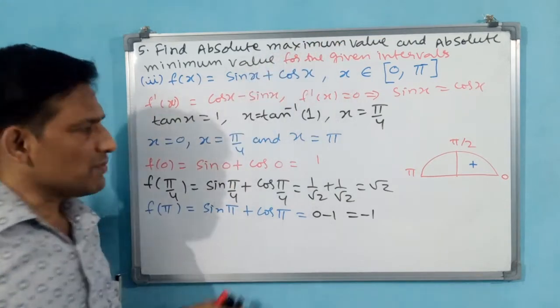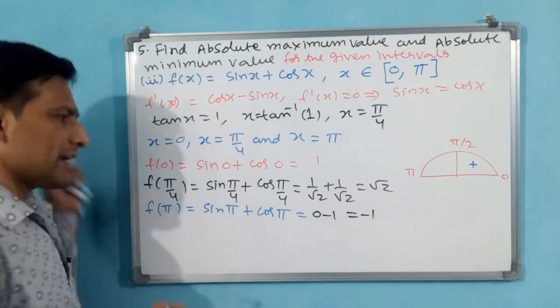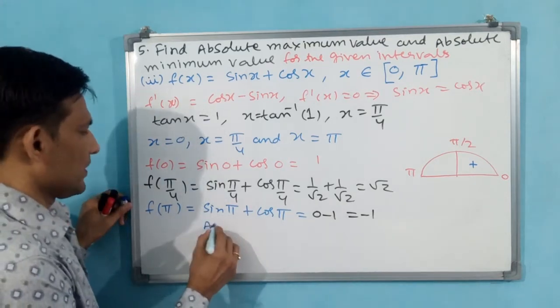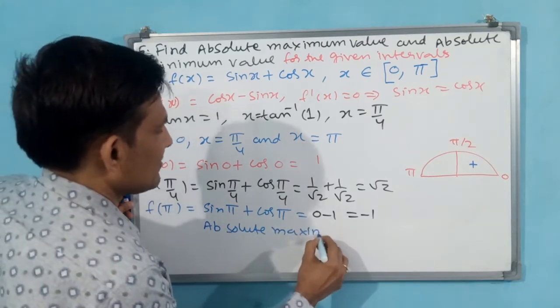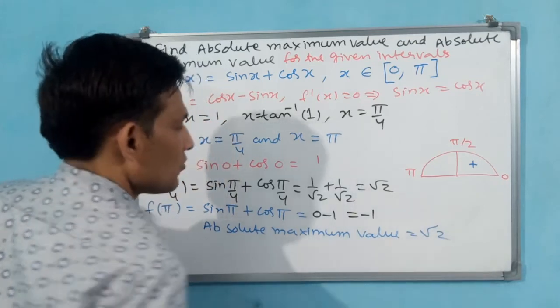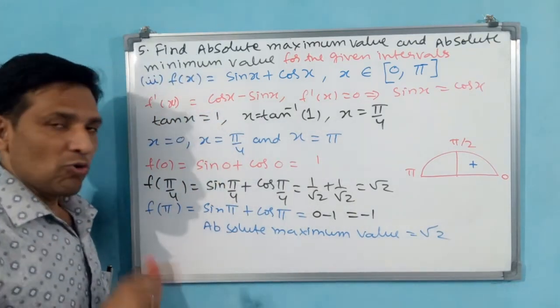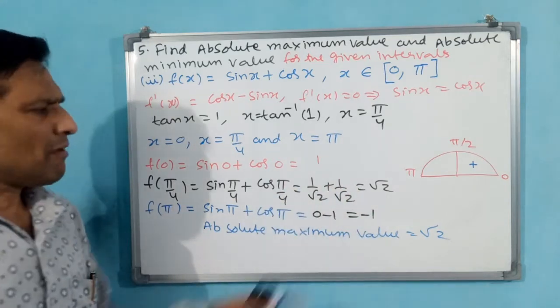Now you tell me maximum among these three, which is maximum value? Root 2 is maximum. Okay, write down absolute maximum, root 2. Okay. Now root 2 story over. 1 and -1 are there. Which is minimum? -1 only.